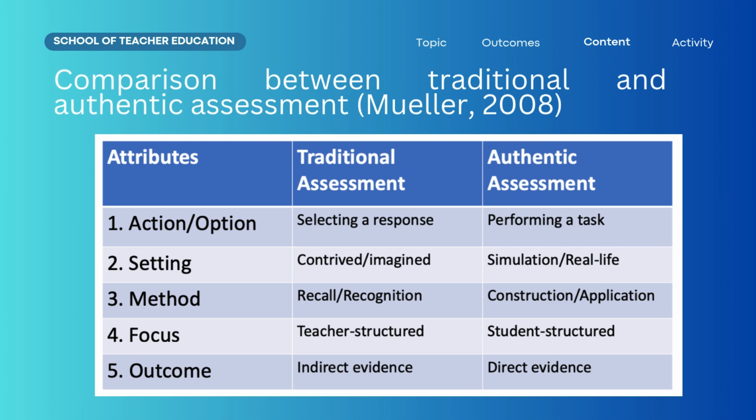However, in authentic assessment, we require a student to perform a task and sometimes produce a product. Setting, it's contrived and imagined. Sometimes it is abstract. However, in authentic assessment, it is a simulation, or it could also be done in real life.